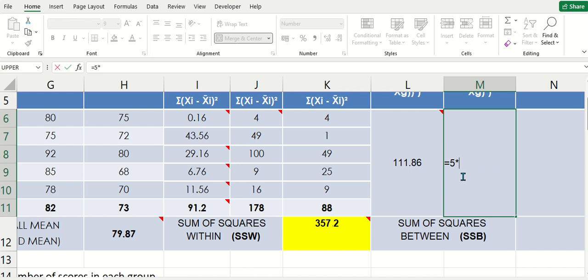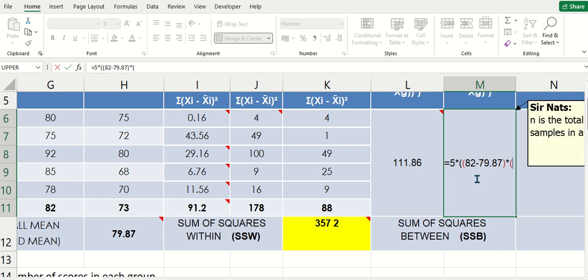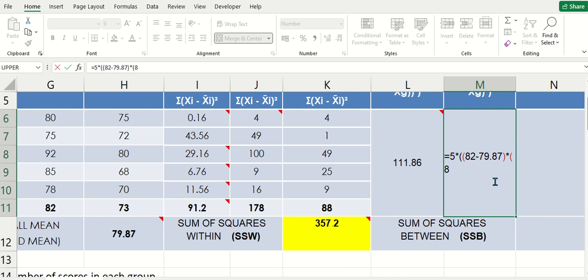First, what is the mean of the second group? 82 minus our overall mean. I'm just doing this separately, but you can just do 82 minus 79.87, then multiply it by itself.